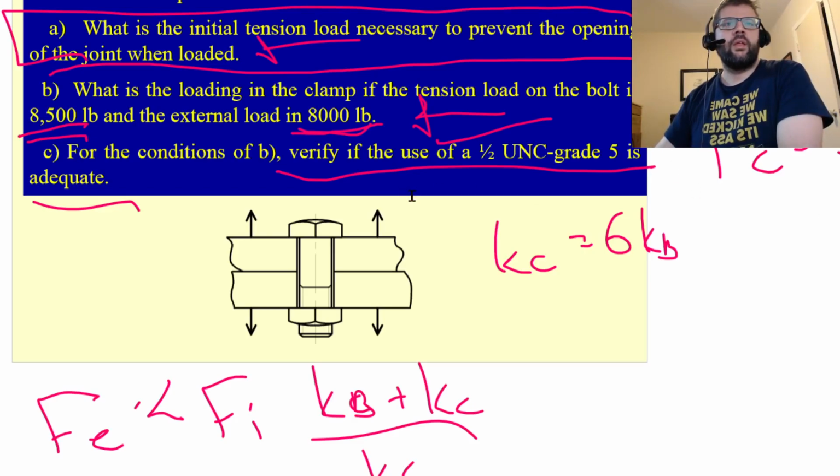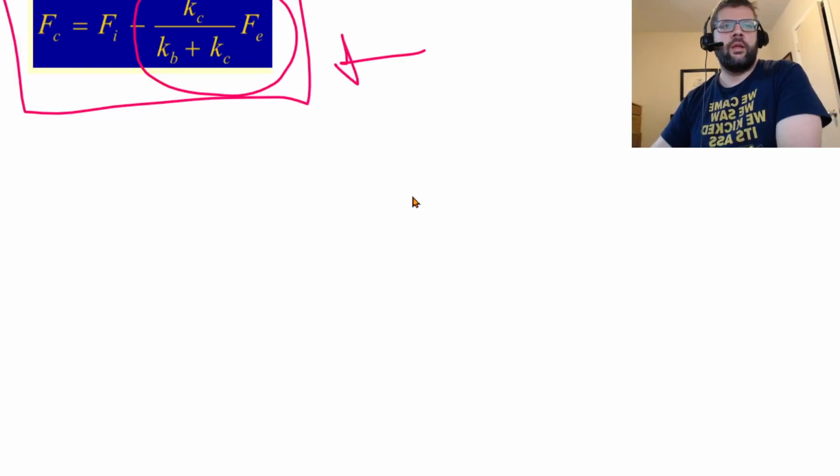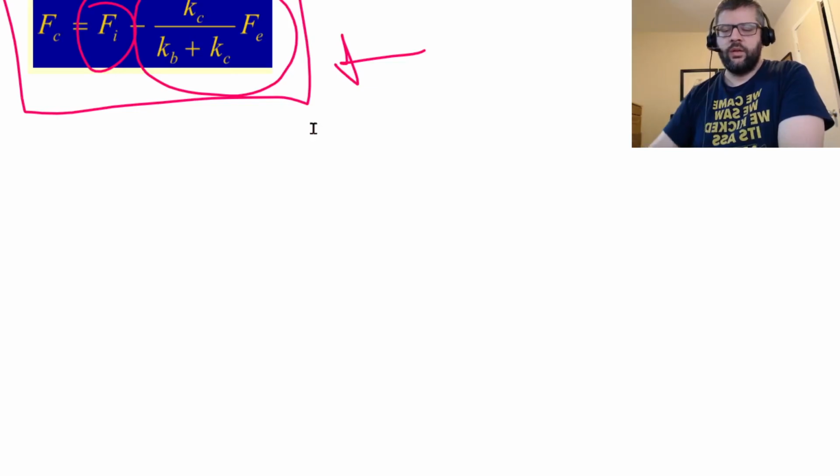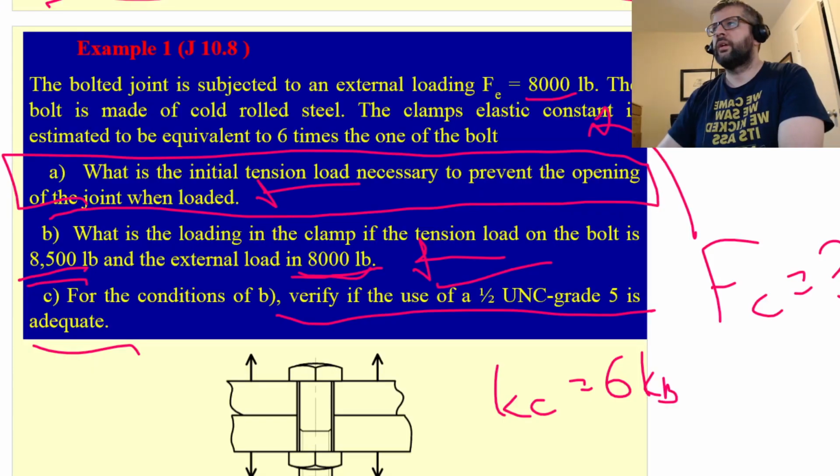So the Fi for this one needs to be based upon the condition that we were given here, that at that point when Fe is 8,000 pounds, the tension in the bolt needs to be equal to 8,500 pounds.